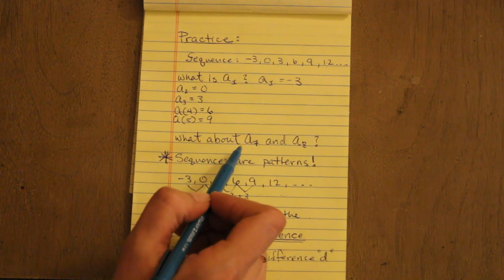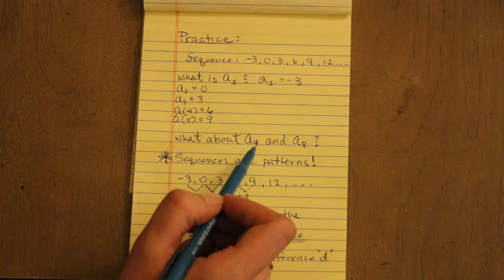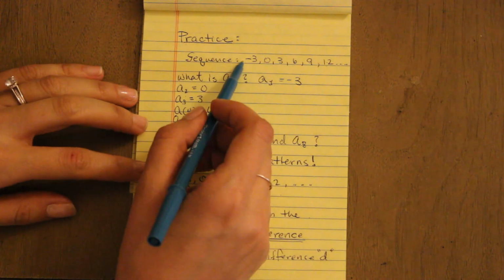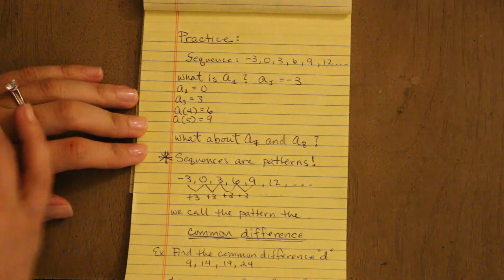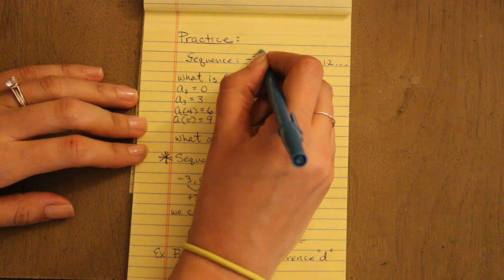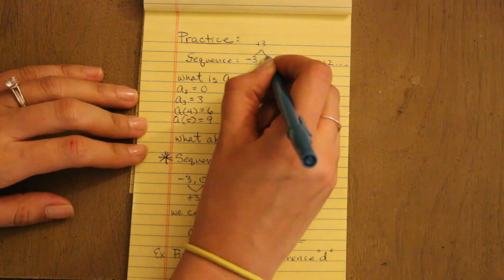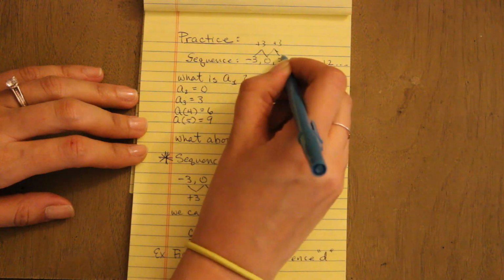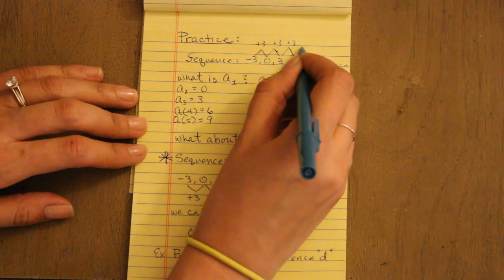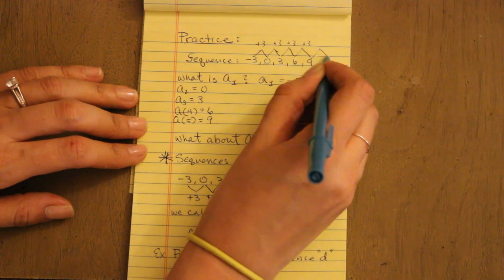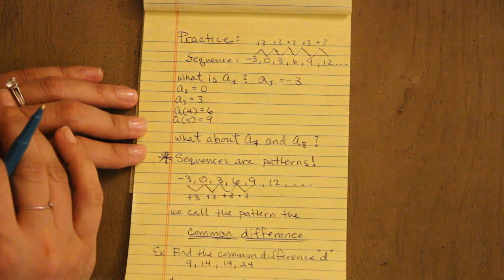If I were looking for A of 7, and I only have the first 6 numbers, I can actually find the difference, which we saw was +3. And I can actually see what the next numbers would be based on the pattern.